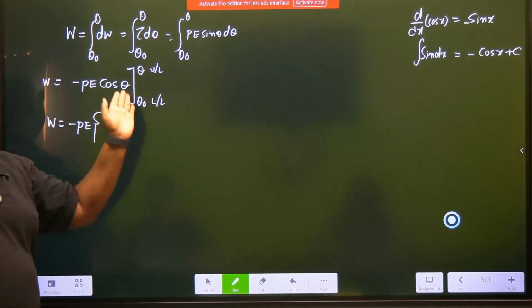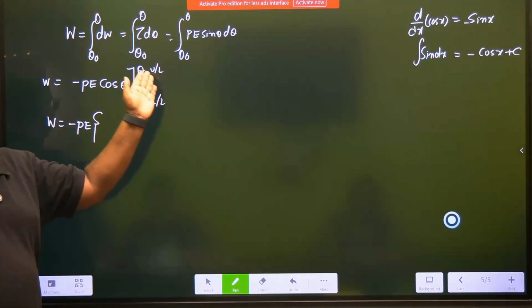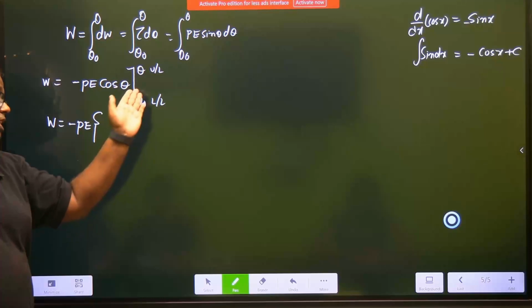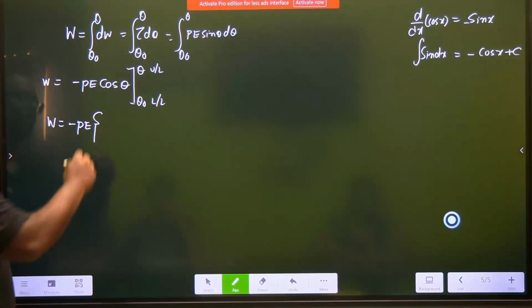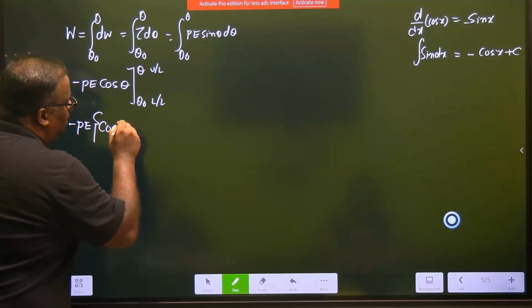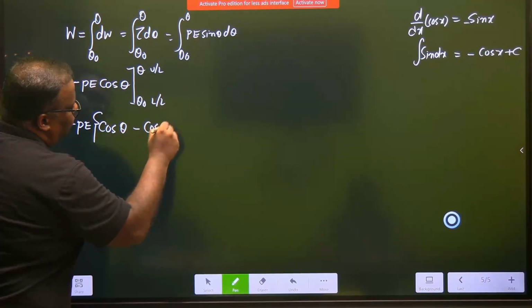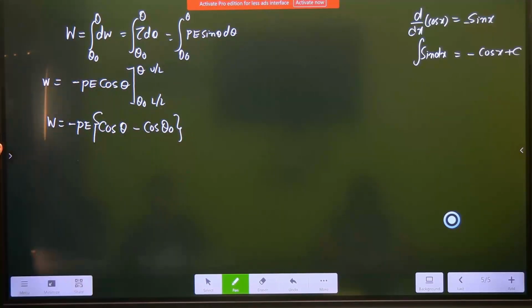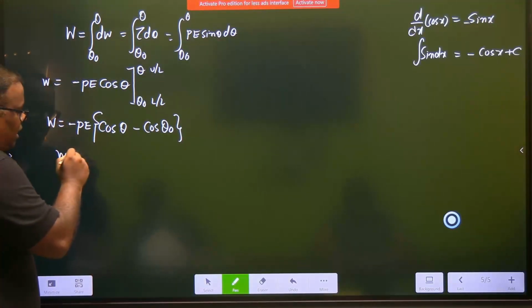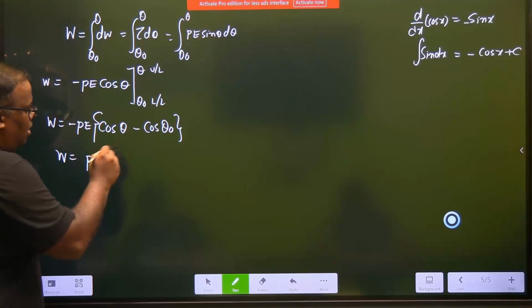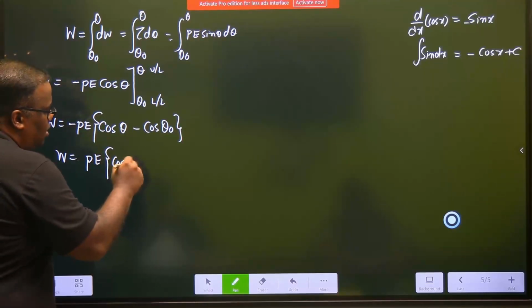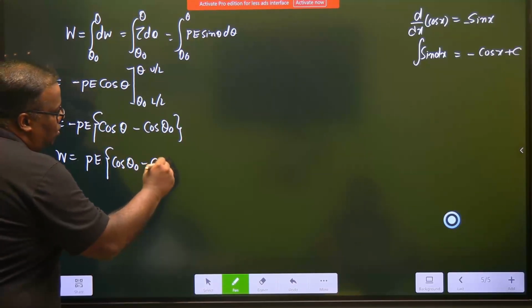So it is always cos of elder child minus cos of younger child. Elder child is the upper limit. So I will write here cos of theta, the upper limit, minus cos of theta naught. Is this clear? And if I want to get rid of this negative, I can now write pE times cos theta naught minus cos theta.